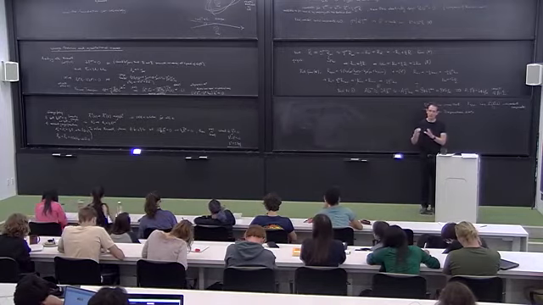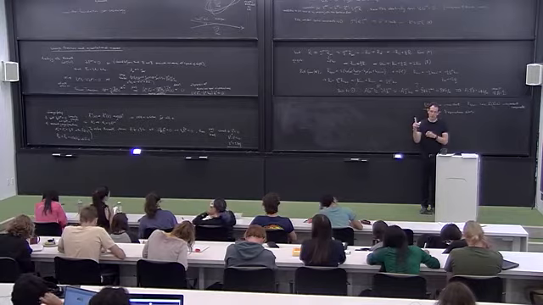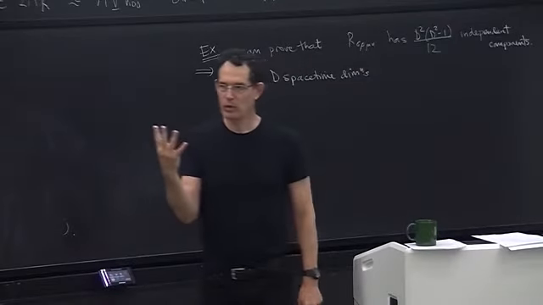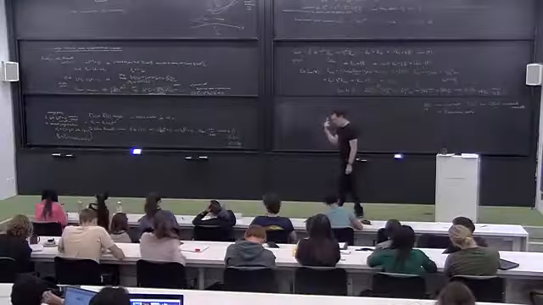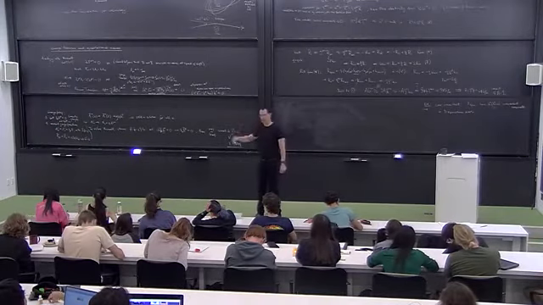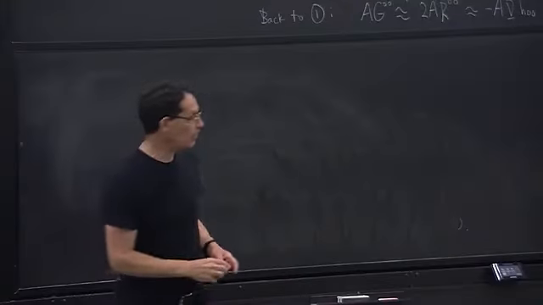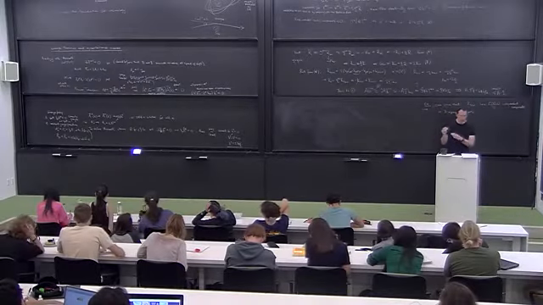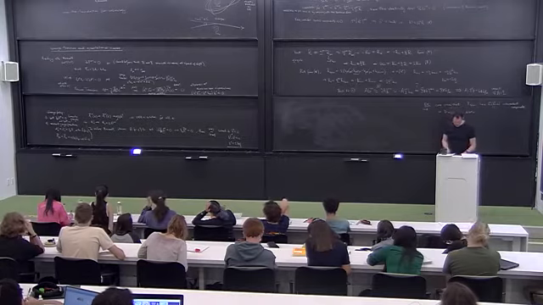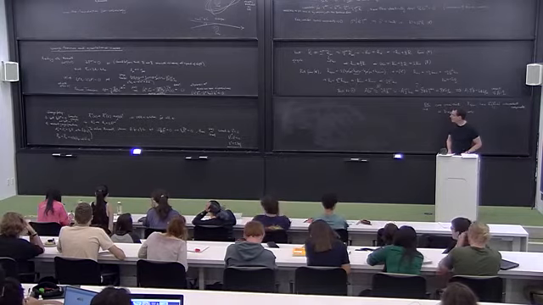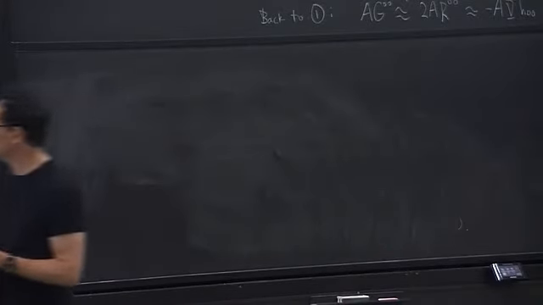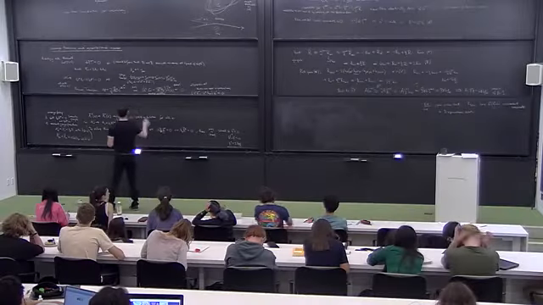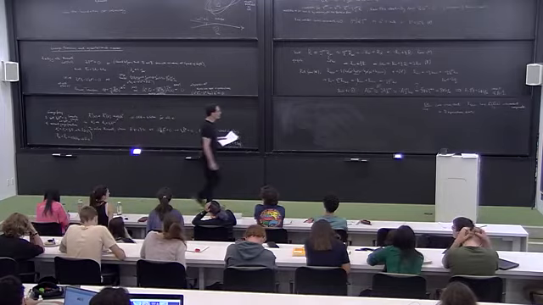And that's how you go to 2 transverse modes. You naively have 4 modes for A mu, but the gauge freedom gets rid of 1, and this residual gauge freedom allows you to get rid of another one, so you end up with 2 propagating modes or polarizations of the electromagnetic wave. So we're going to do exactly the same thing for gravity, which is a little bit more complicated, but the principles are very similar.